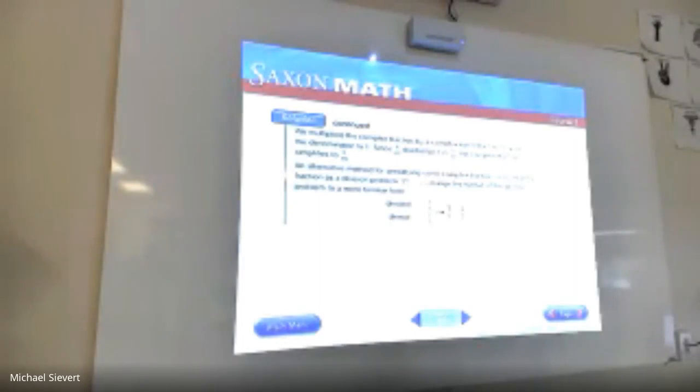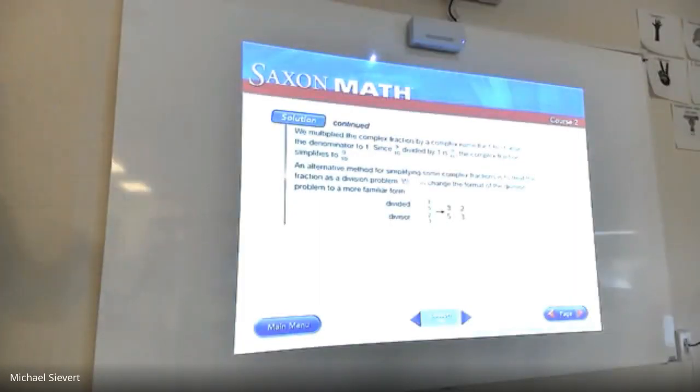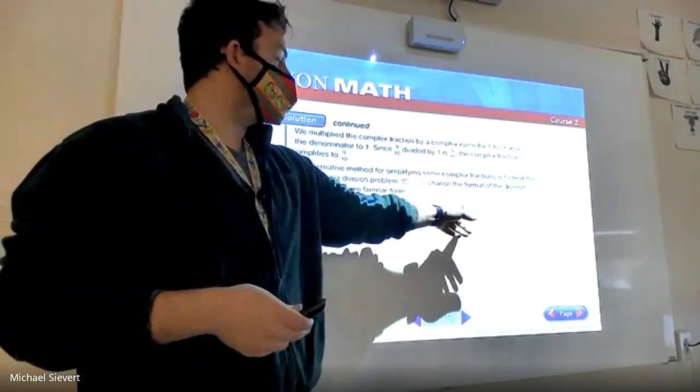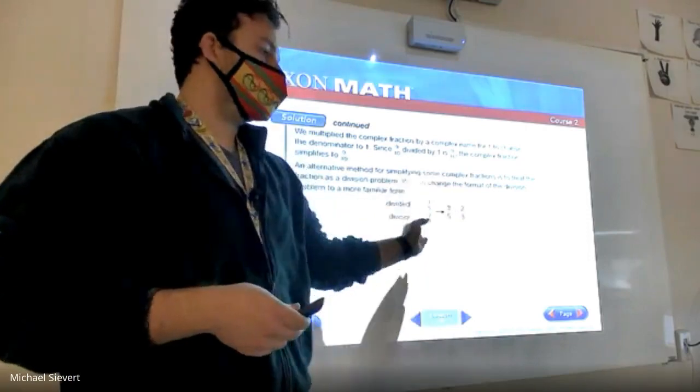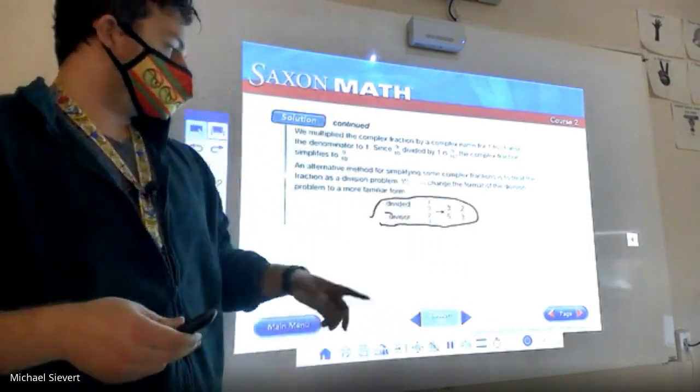So instead of doing that whole 3 over 2 thing, because this line is the dividing, you can say 3/5 divided by 2/3. Copy this down with the words.